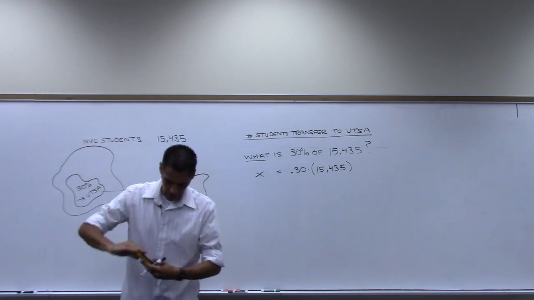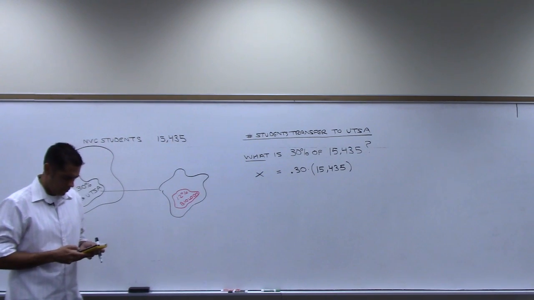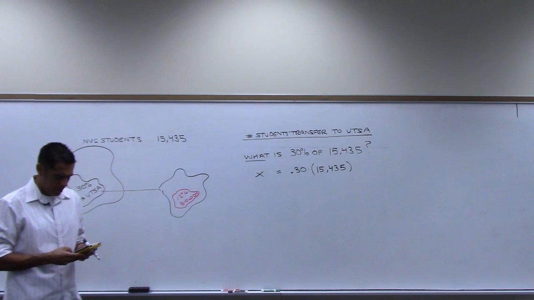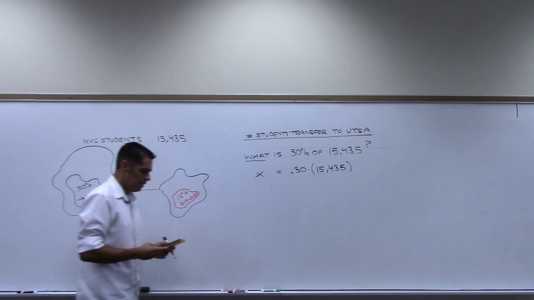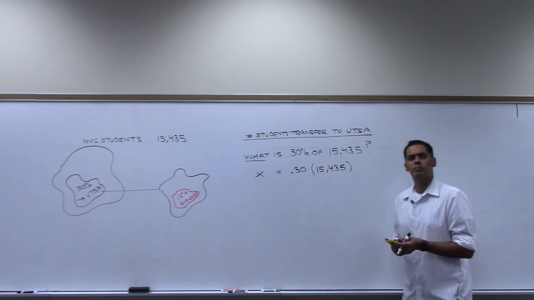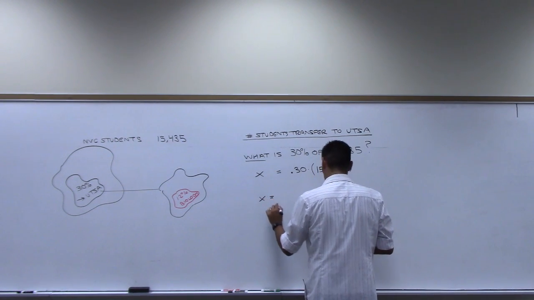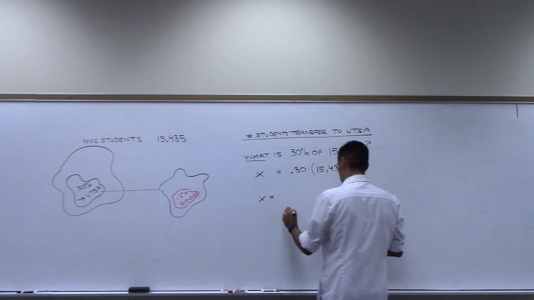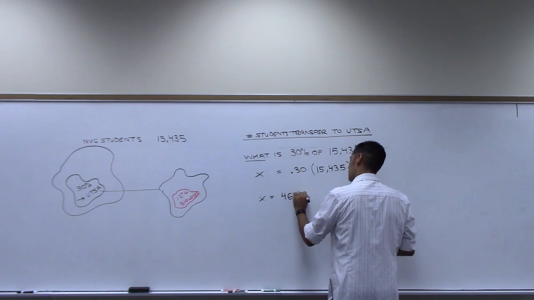I brought a calculator. So 0.3 times 15,435. What are you getting? What'd you get? 4630.